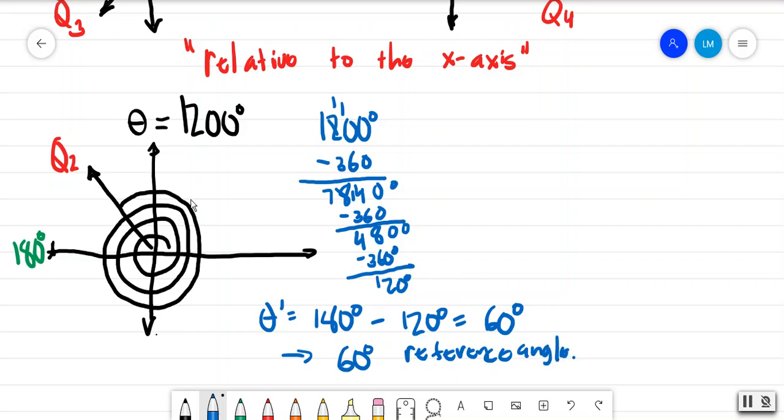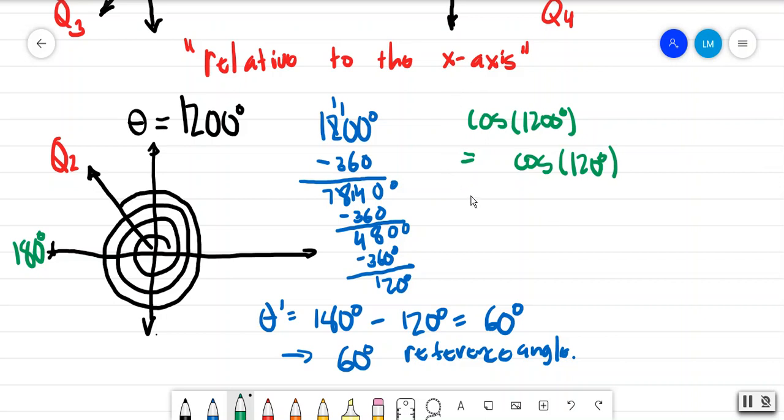So imagine you were trying to find cosine of 1200 degrees. That's pretty tough because you would have had to figure out the coterminal angle, which is cosine of 120. Furthermore, you would then figure out the reference angle.